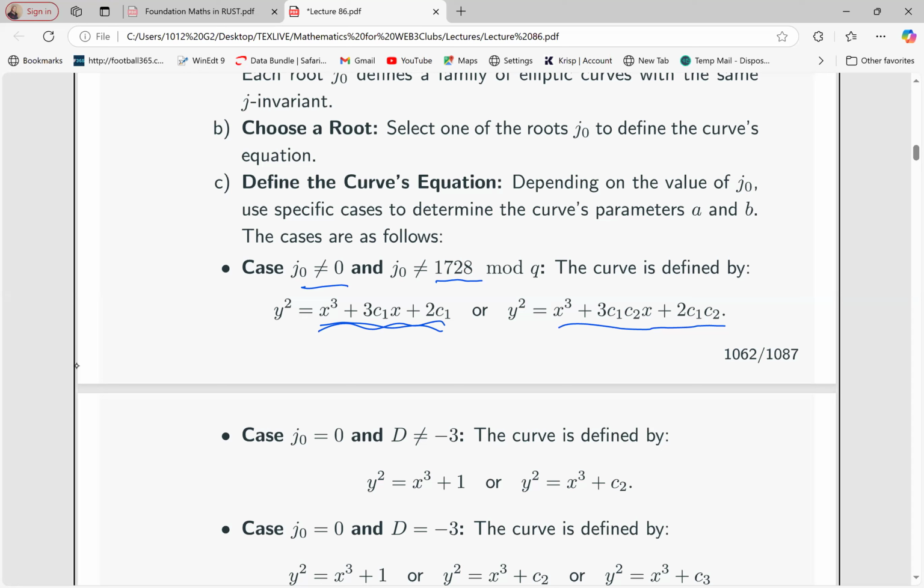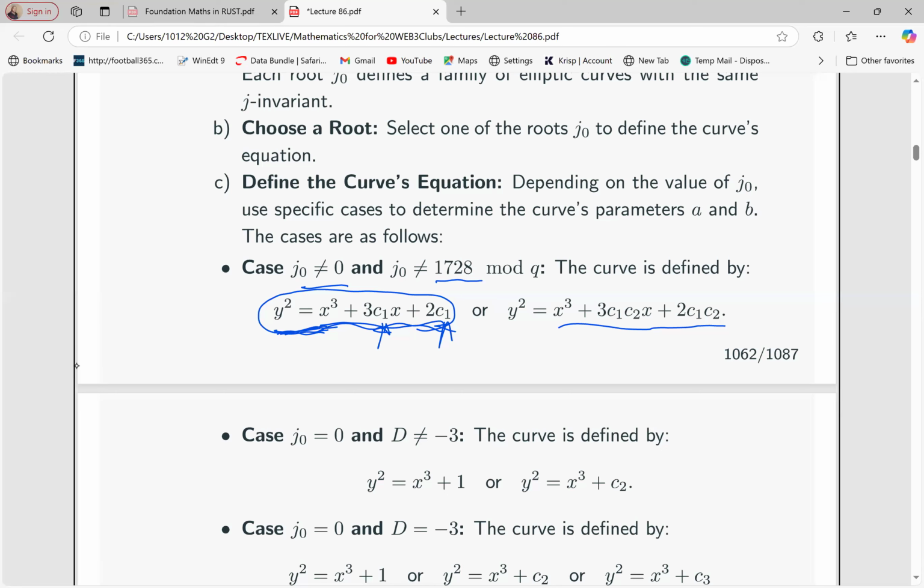Then after you've chosen this shape, find how many points this curve has. If you find that this curve has the number of points you are looking for, then this is the curve. You just substitute C1, and I'll be showing you how to get C1.